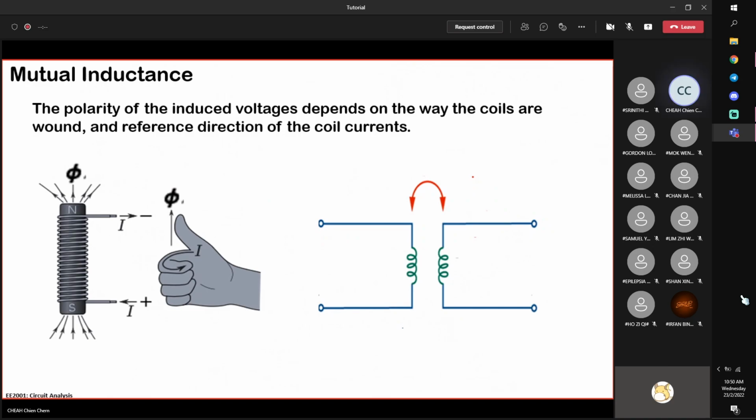So we need something to indicate the polarity of the induced voltage, because it all depends on the way the coils are manufactured in the factory.